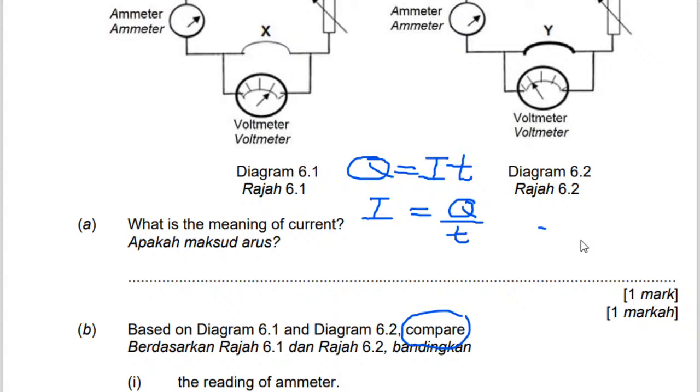I = V/R we don't accept, because this is actually for an ohmic conductor, Ohm's law, V = IR. So we don't accept this. The current formula we accept is I = Q/t. Remember, rate of charge flow.